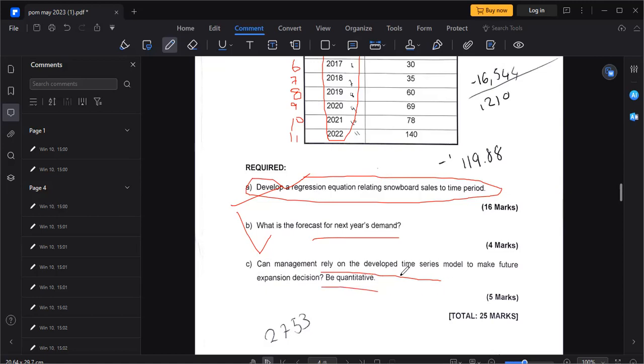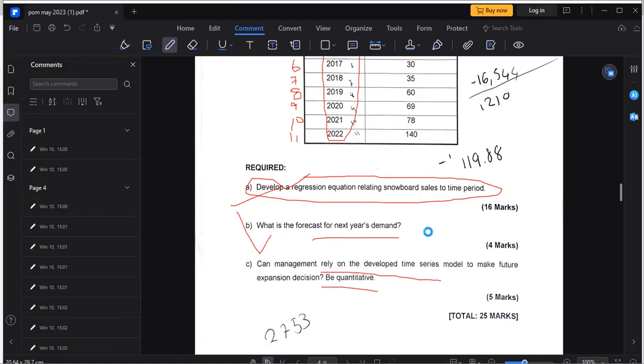So we need to find R. If our R is positive, then they can rely on it, as the years increase, the sales also increase. But if R is negative, it means as the years increase, the sales reduce, so the relationship is negative and they shouldn't rely on it.